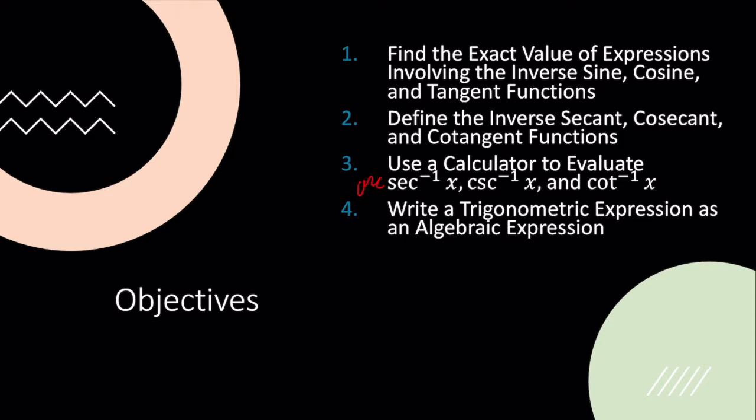This is also called arc secant, arc cosecant, arc cotangent, arc meaning inverse. Just so you know, our calculator only has arc sine, arc cosine, and arc tangent buttons. And then we're going to write a trigonometric expression as an algebraic expression.